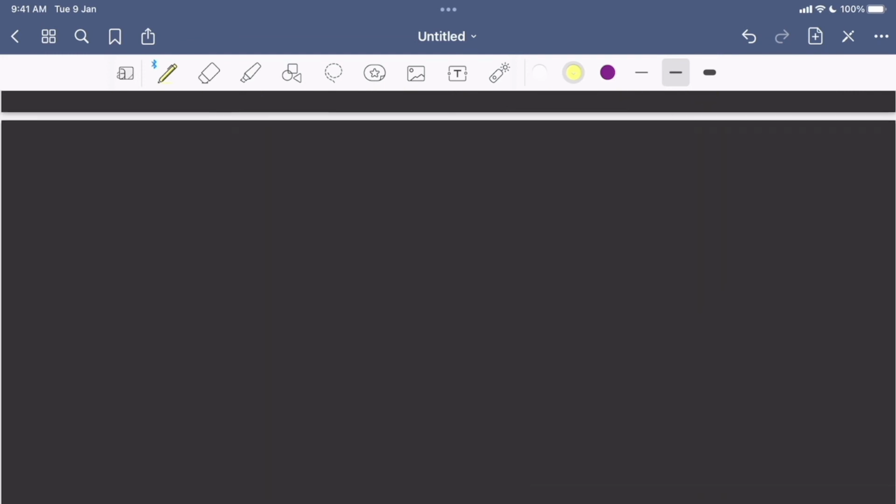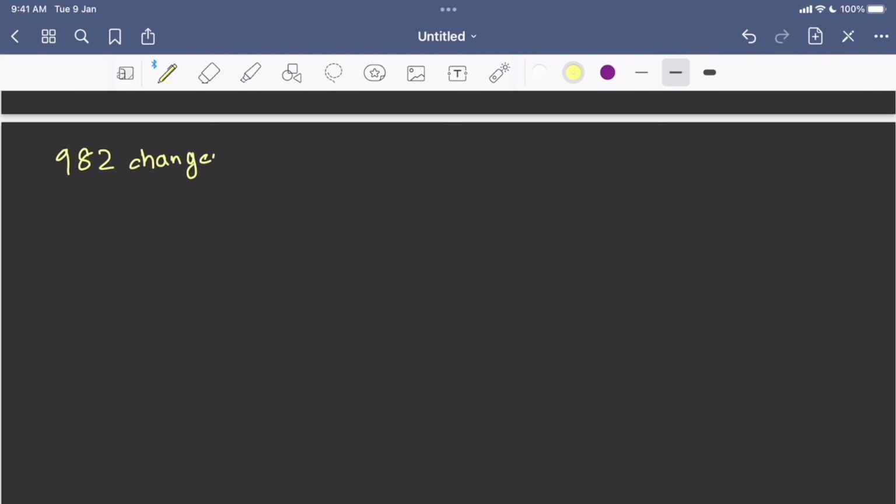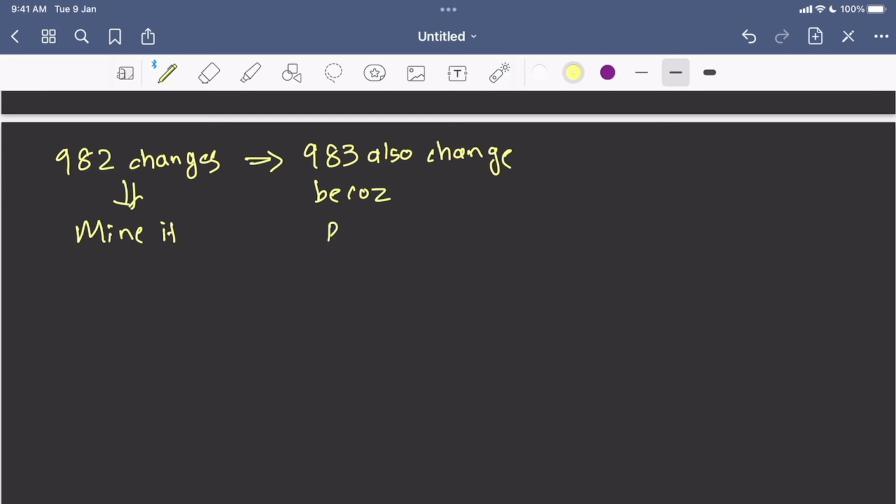So if 982 changes, we have to mine it, but 983 will also change because the previous hash changed.